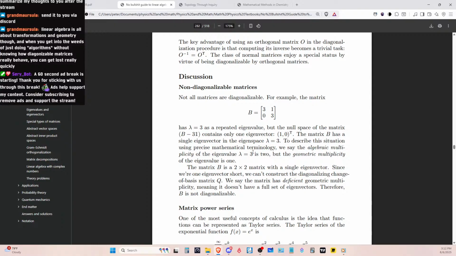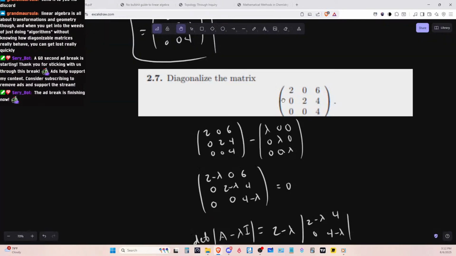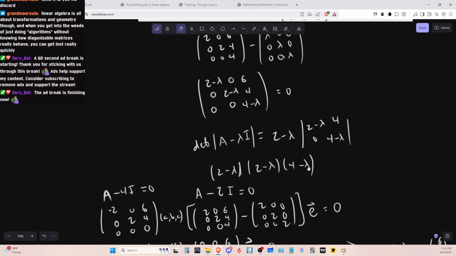So I'm guessing that because it has one eigenvalue, and the last example we had had two twos, that means it has two as the geometric multiplicity, if I think about it.